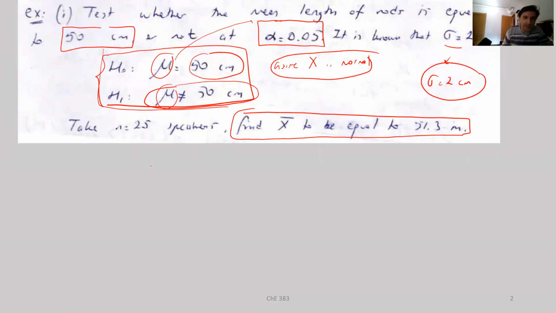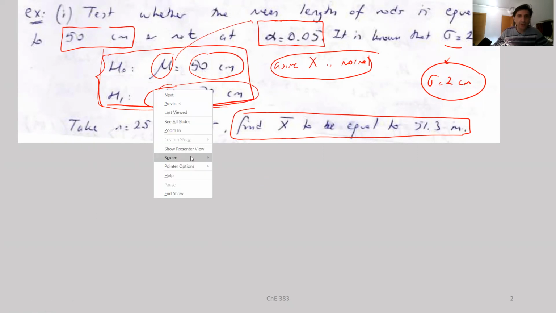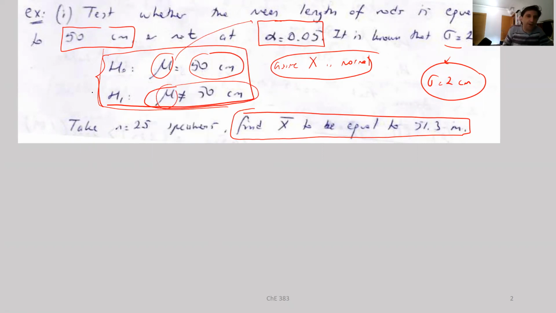So let me write here, because it's going to be a little bit of a long question. So let me change this pointer color. Okay, that one is better. All right. So first, the fixed significance level approach. Alpha is given as 0.05. Since this is a two-sided test, I'm going to be interested in alpha over 2, 0.025, right?